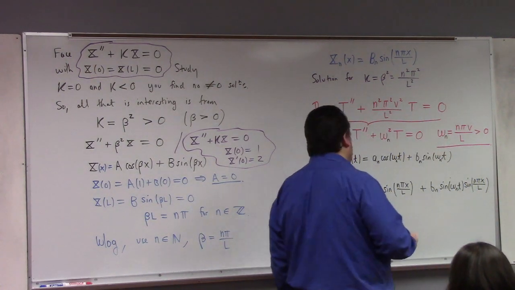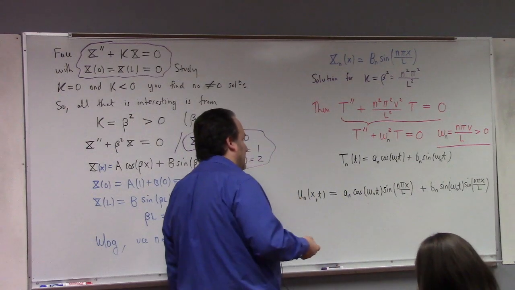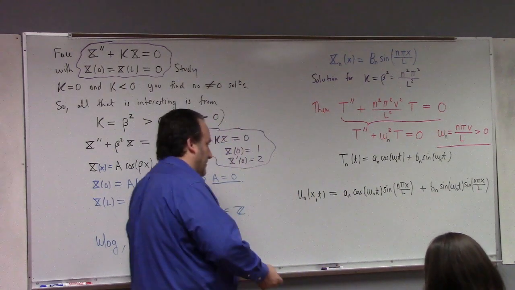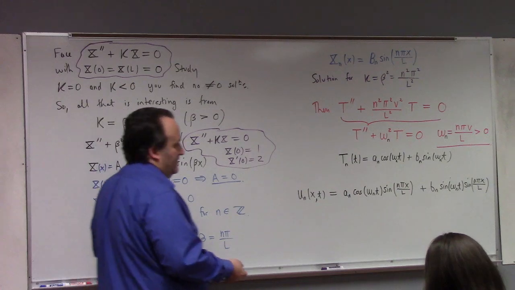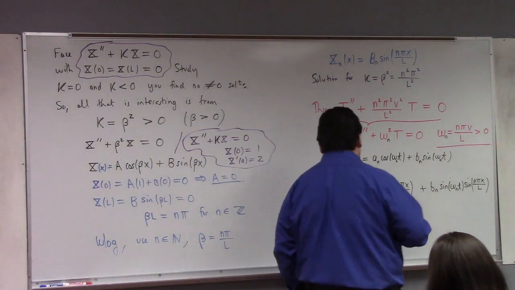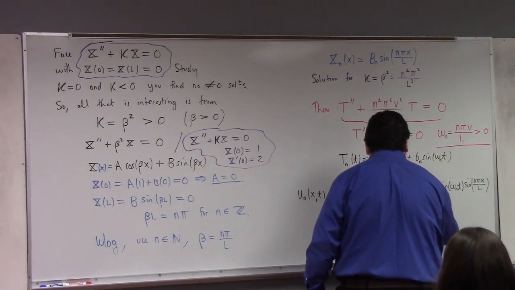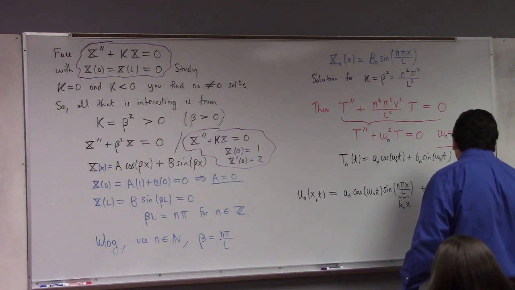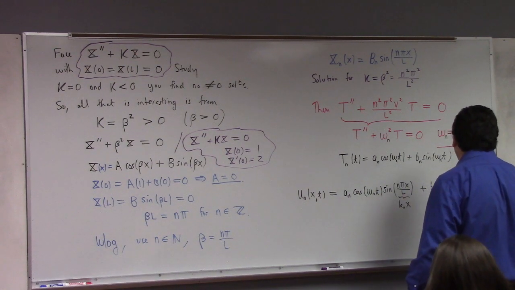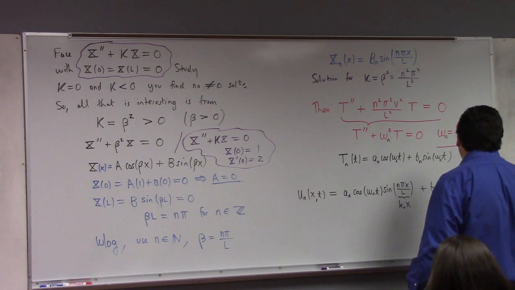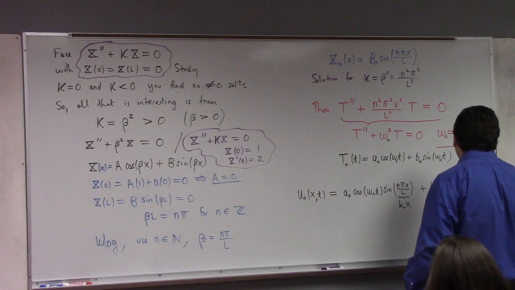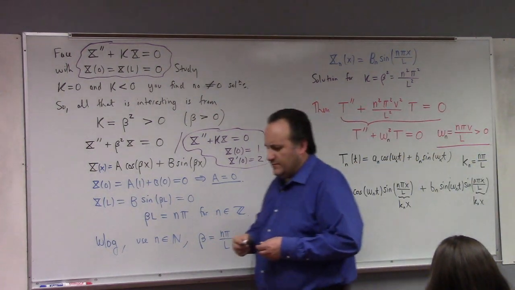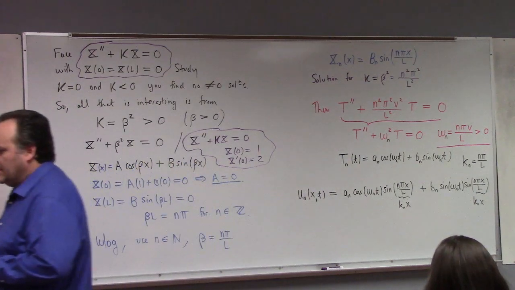You know what would make this equation easier to write? If we introduced yet another letter. You could call this k sub n times x, and you could call this here k sub n times x. You could introduce a k sub n equal to n pi over L. I think this was usually called the wave number.